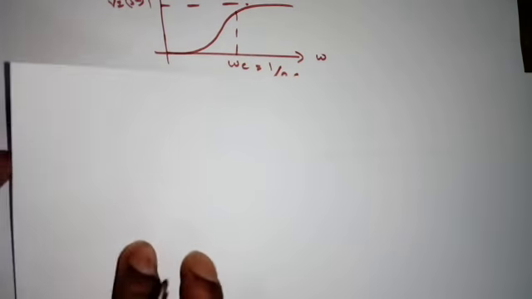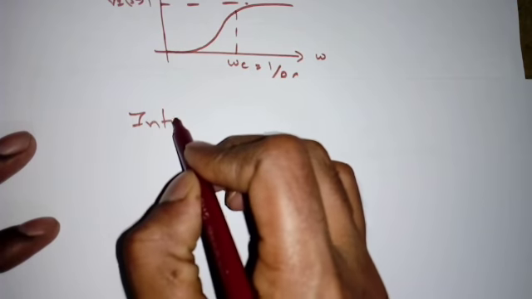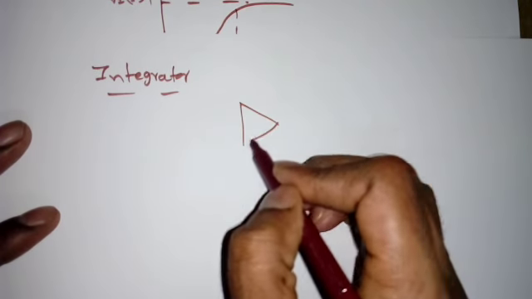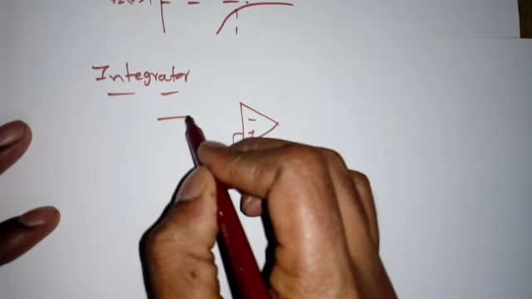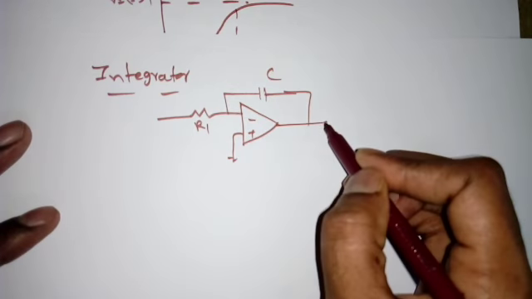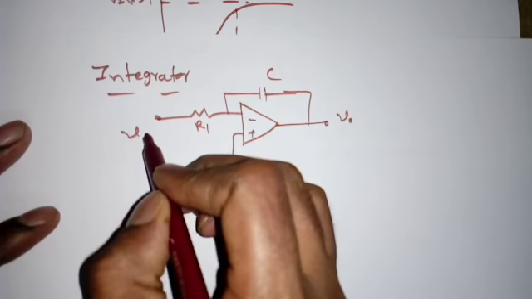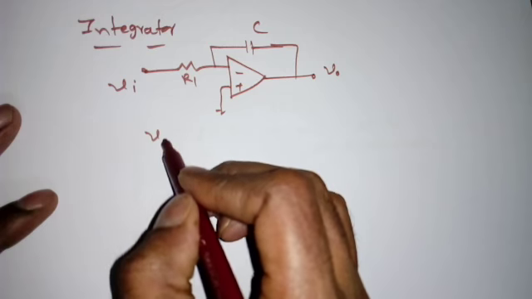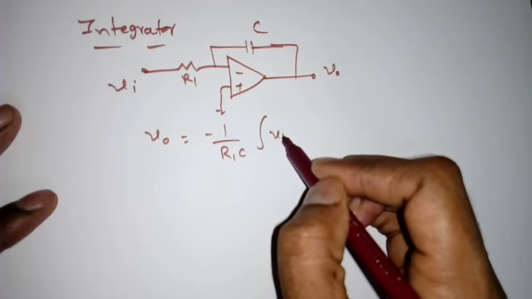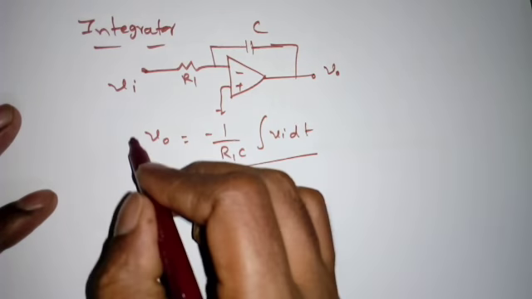Then what about the integrator? The ideal circuit is something like this. This is R1, this is the capacitor C, this is V0, this is Vi. What is the expression we got? V0 is equal to minus 1 by R1 into C into integration of Vi dt.